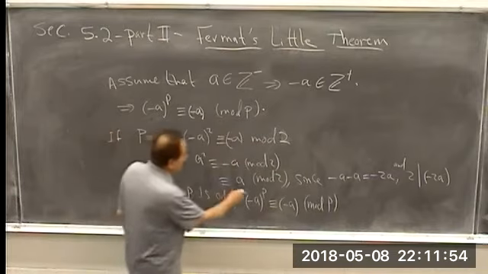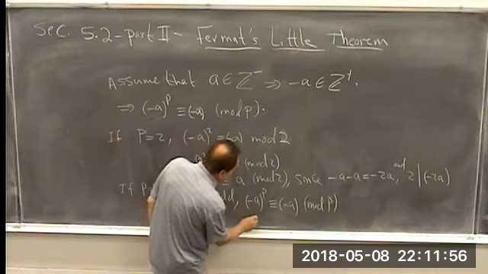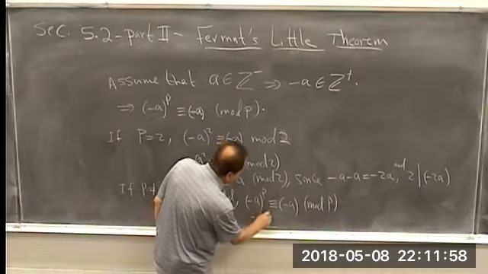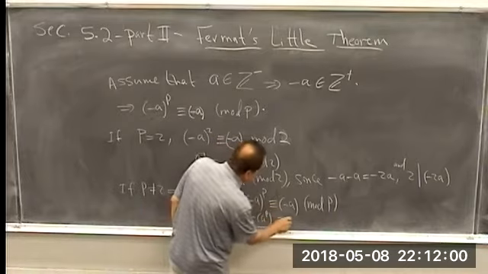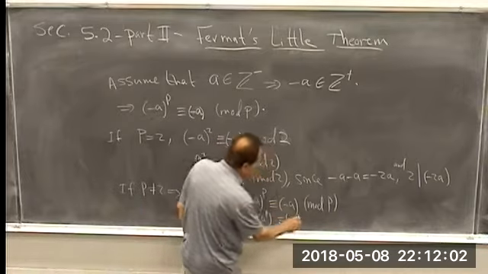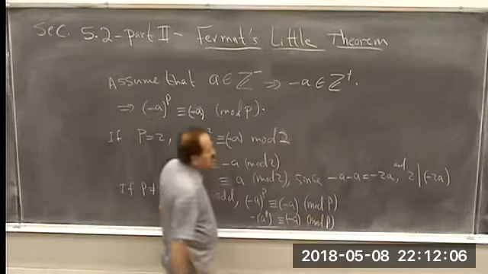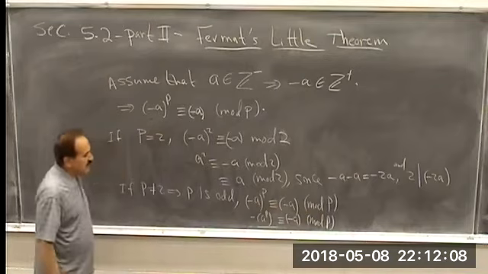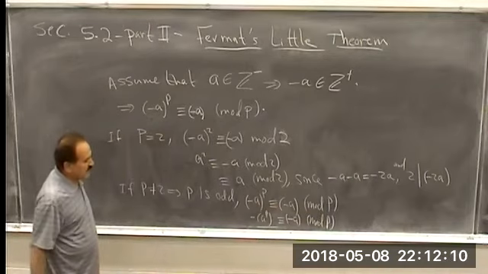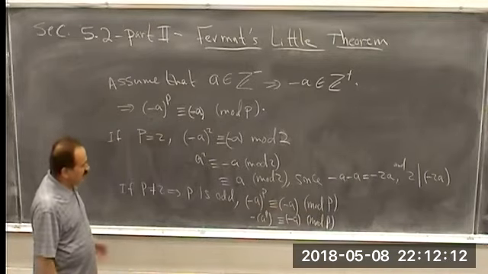And I can multiply by negative 1, because negative 1 is congruent to negative 1 mod p.